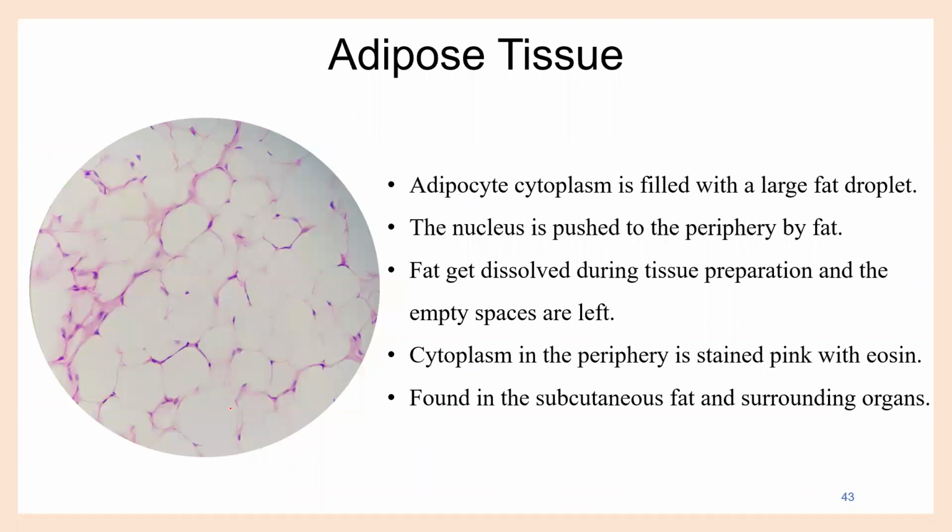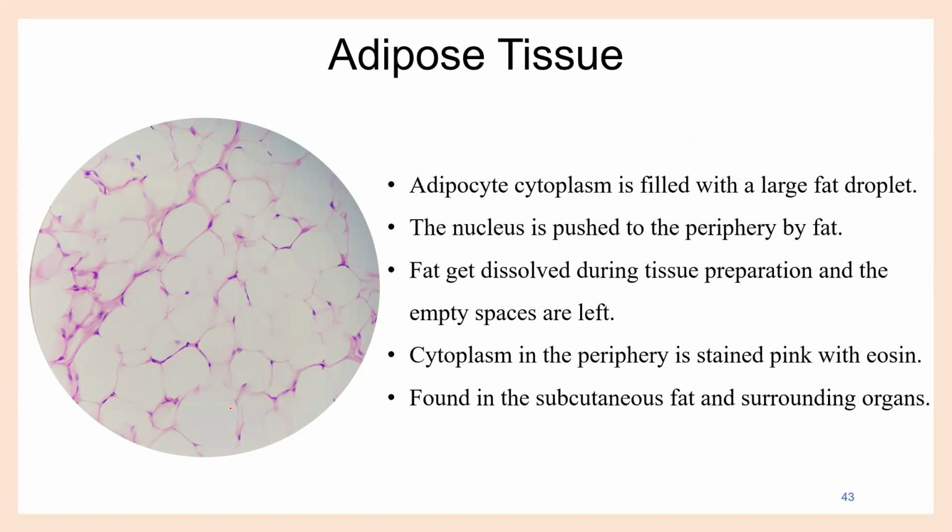Okay, so then the last slide where we see the adipose tissues. Now again, adipose tissues, the adipocytes, the cytoplasm is completely filled up of a large fat droplet and the nucleus is pushed to the periphery. Okay, and what happens here is when you are processing the slides, you saw that we put alcohol, right?